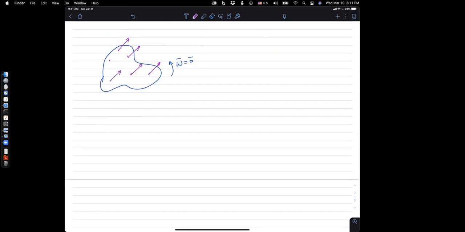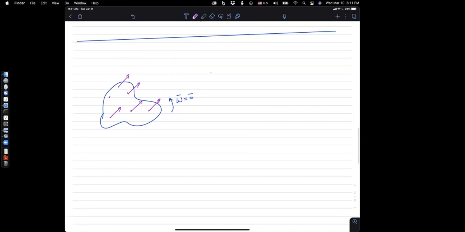So if omega equals 0, all points have the same velocity. This is called pure translation.